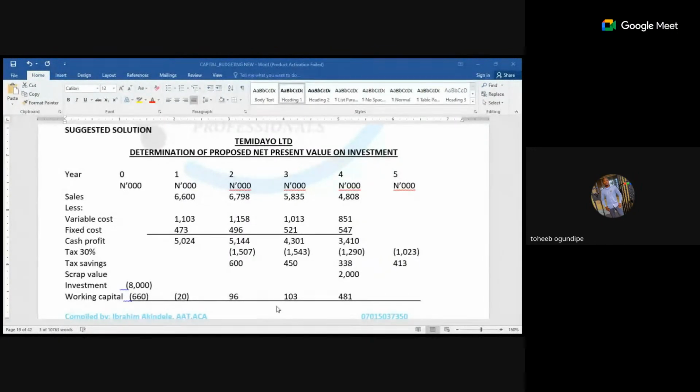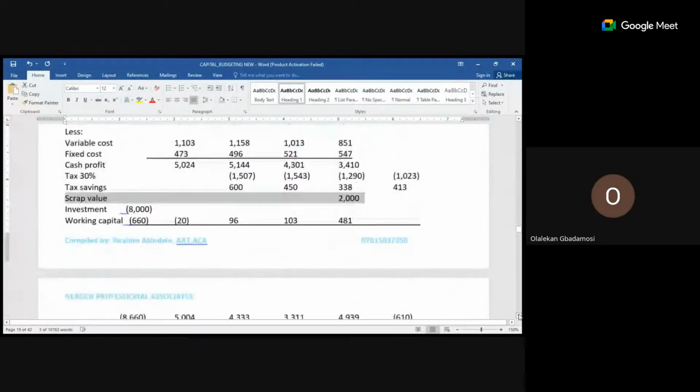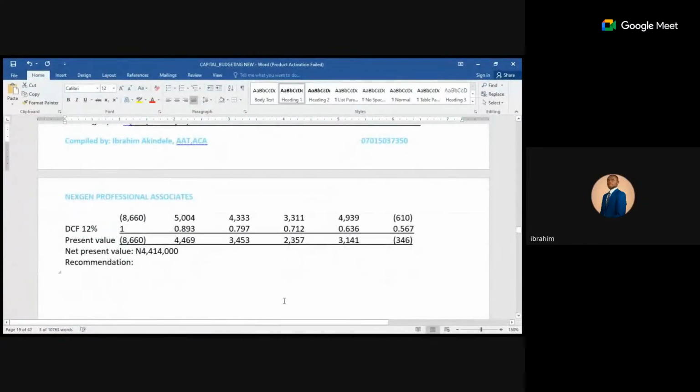Please scroll down your screen a bit, sir, so I can see that computation of the capital allowance. No, you can check. Don't disturb me. Calm down. Are we done so that we can go? My blood is hot. Let's continue.